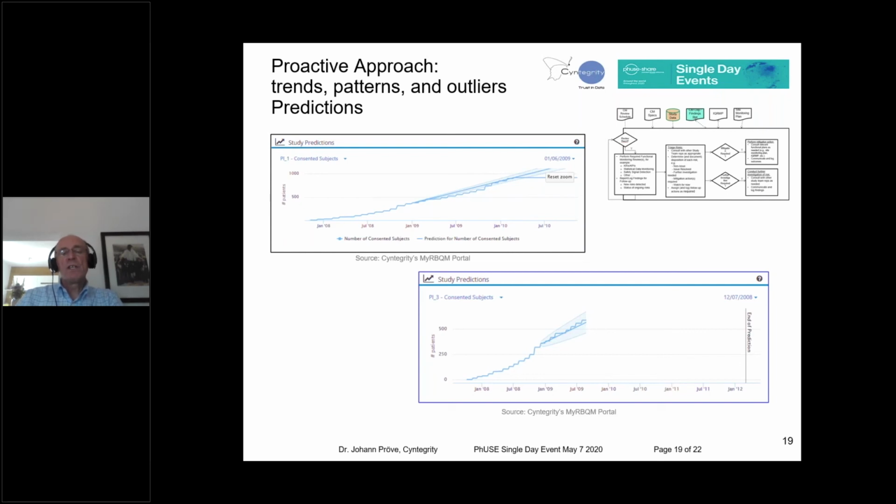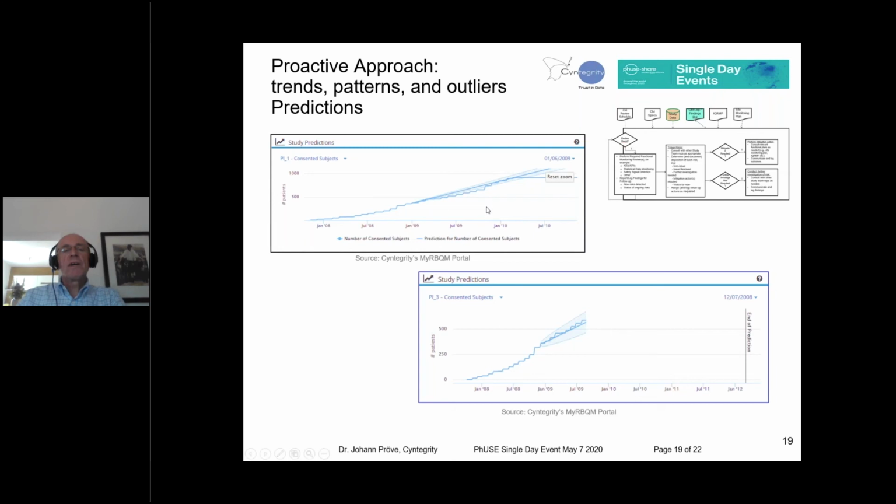But what is also interesting, and this is something that I personally always wished I had available while I was working in data management at Bayer, sort of the predictions. So what is going to happen to my data? And you may have, for instance, here consented subjects in January, or you look at the consented subjects already in November.